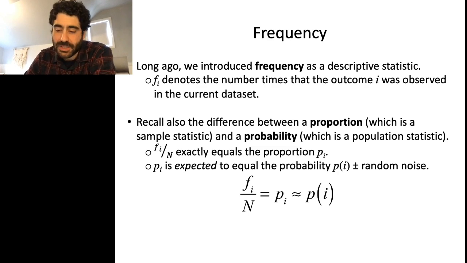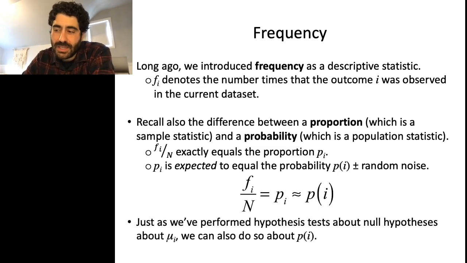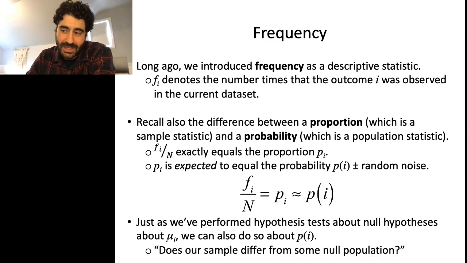And so here, instead of having null hypotheses about means, our null hypotheses are mostly going to be about probabilities. So we're going to have some starting hypothesis that there's a particular probability in our population, and we want to check whether the proportion that we're getting is consistent with that probability.